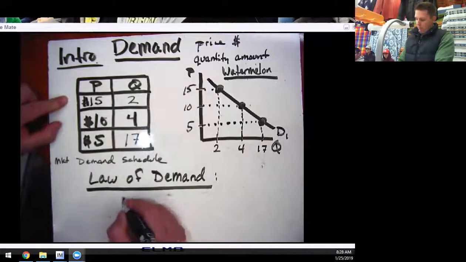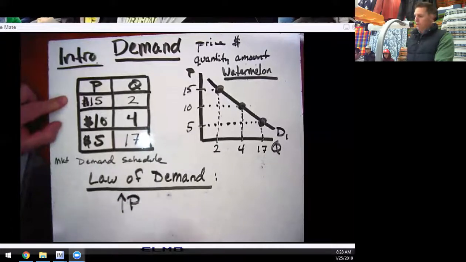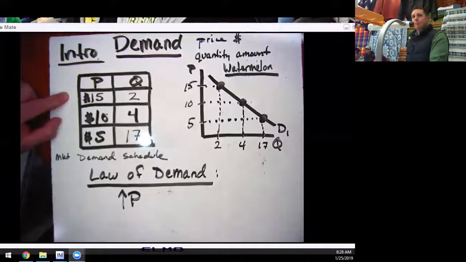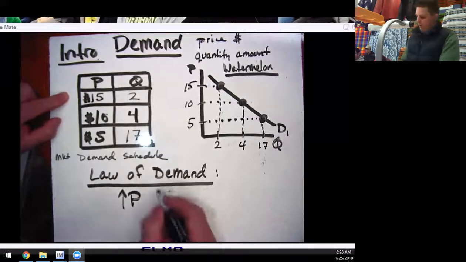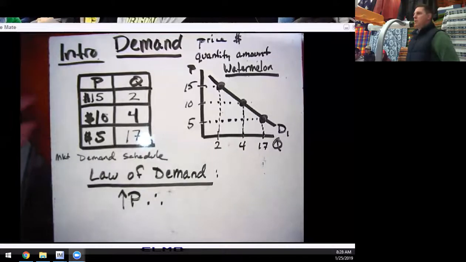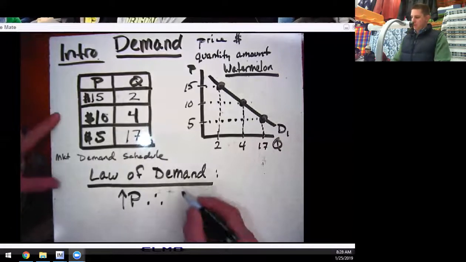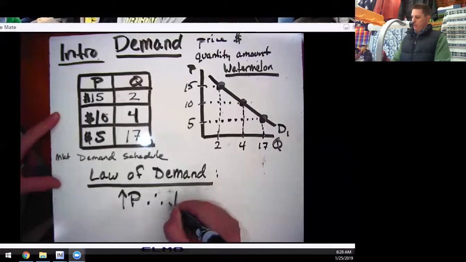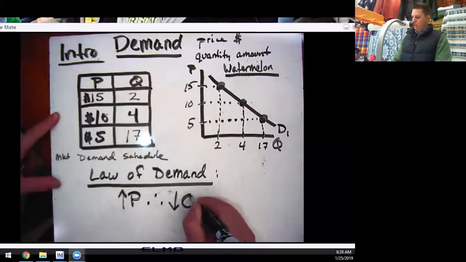First off, if price increases, eyes here, therefore, how many of you knew those 3 dots meant therefore? Anybody ever seen that before? Well, it does. Therefore, we're going to see a decrease in the quantity demanded.